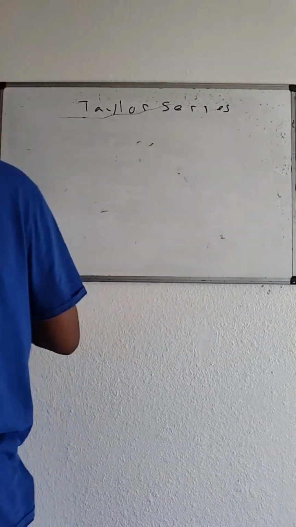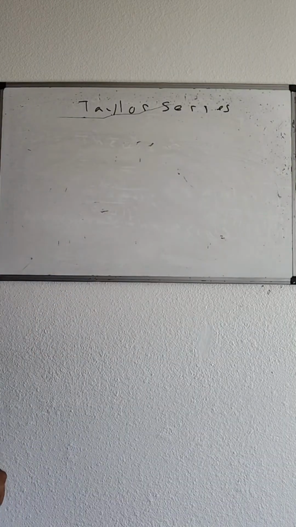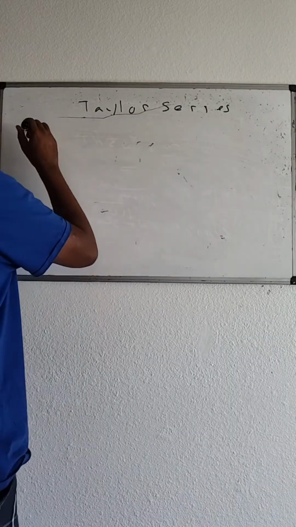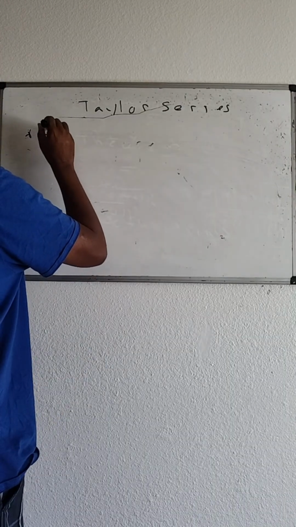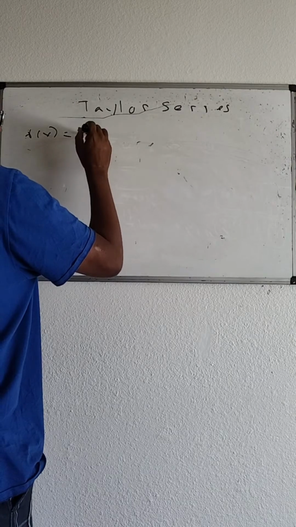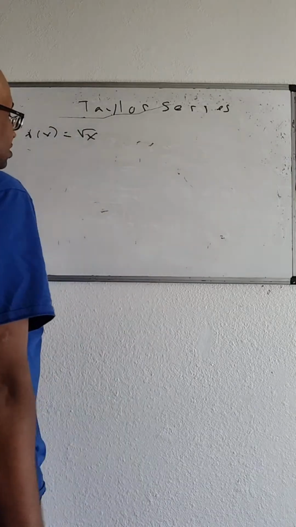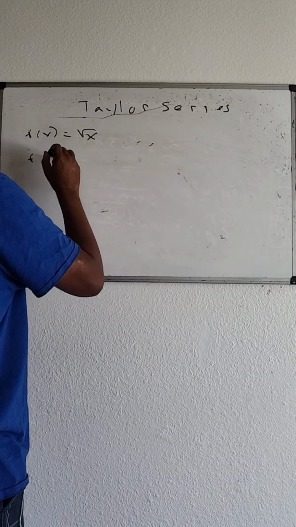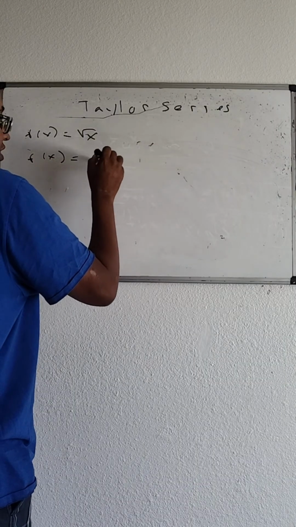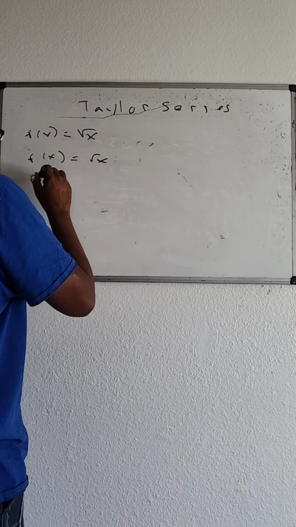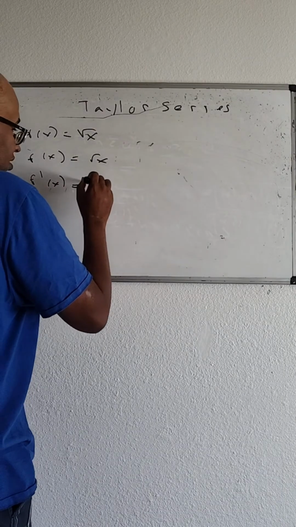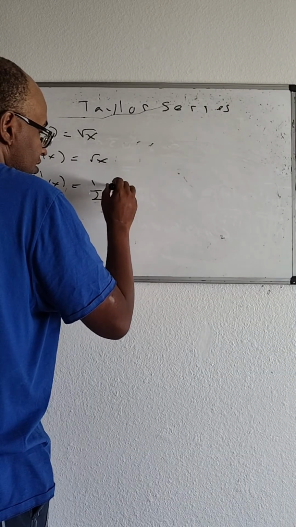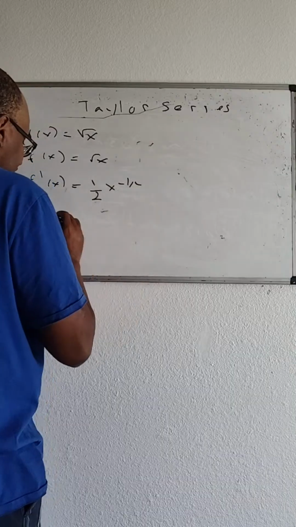We'll do a series expansion on our roots. So f of x equals the square root of x, right? So we got f of x equals root x. That's our first one. Then we'll take the derivative: 1/2 x to the negative 1/2.